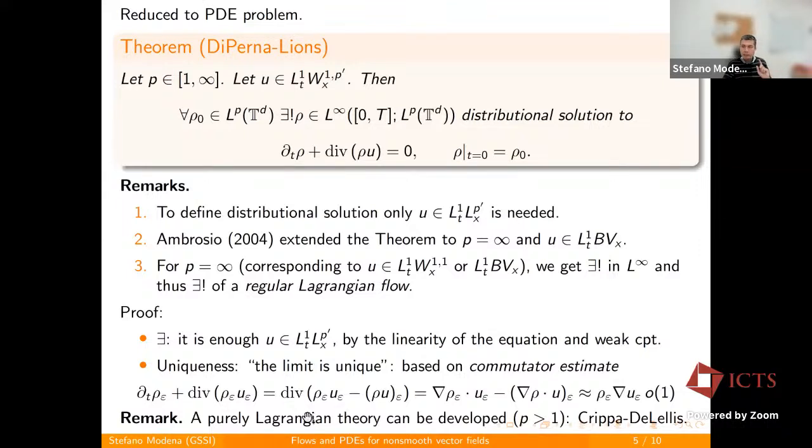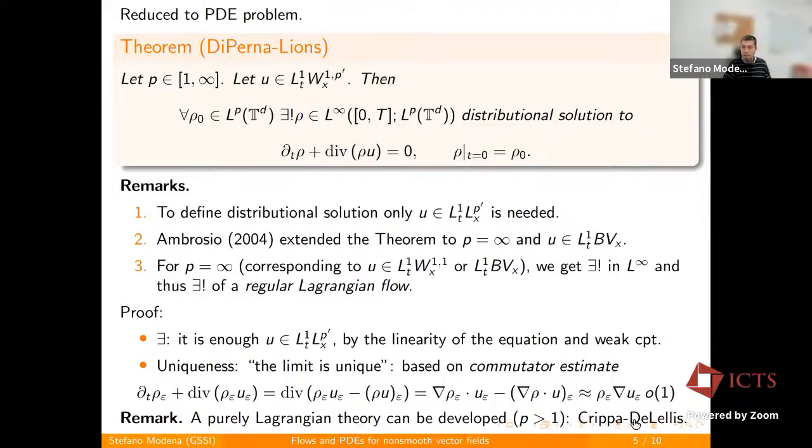The remark I want to make is that it's possible to develop a purely Lagrangian approach, a purely Lagrangian theory, in the sense that you don't consider the PDE. You just take your vector field, regularize it, consider the classical flow map associated with the regularized vector field, and then it's possible to show that this family of flow maps at the Lagrangian level, at the ODE level, has some compactness property, and that the limit is indeed a regular Lagrangian flow.